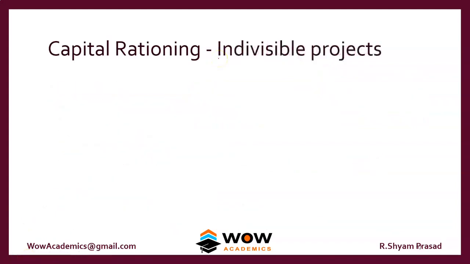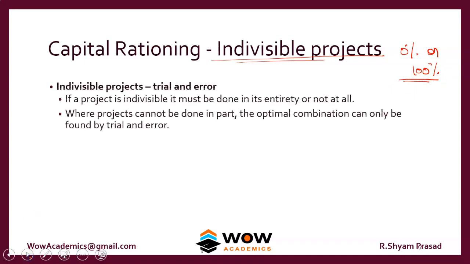The second method is capital rationing with indivisible projects. The projects are indivisible. Either you have to invest 0% of your money, or you can invest only 100% of your money. It is not partly investable. For solving indivisible projects, you have to work out something called the trial and error method.